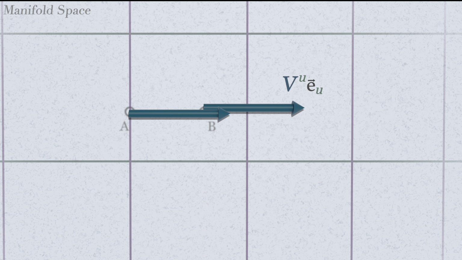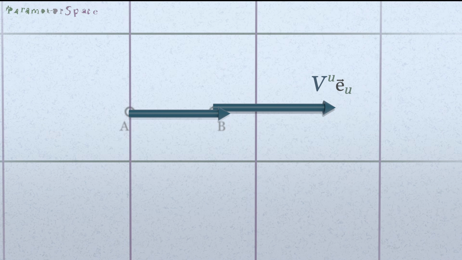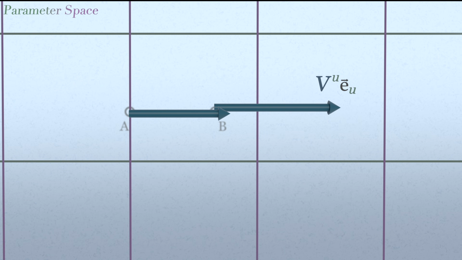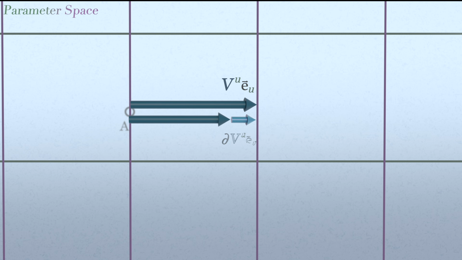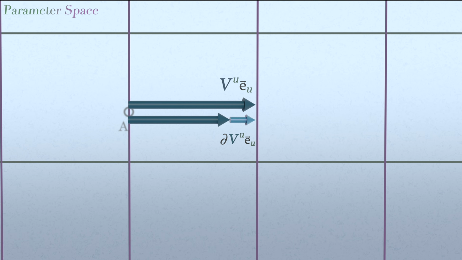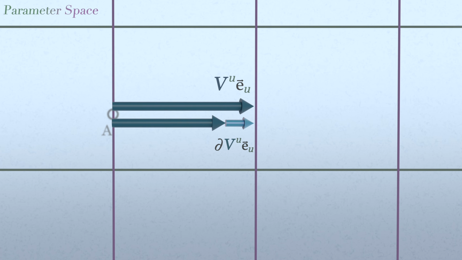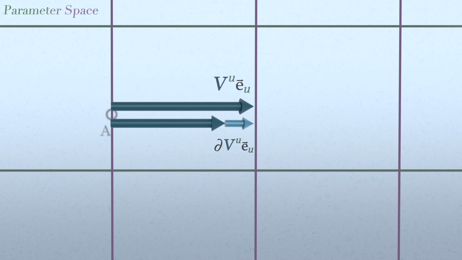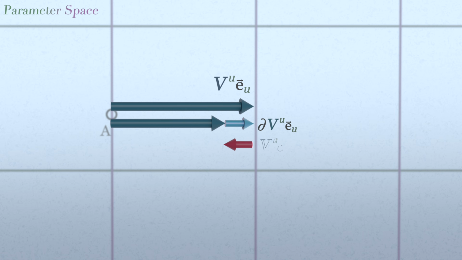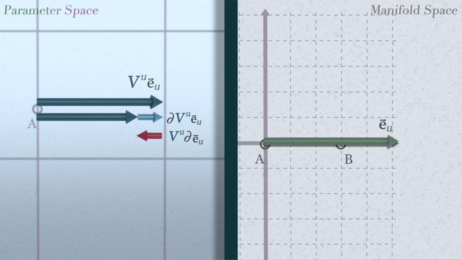Then in this case, from the coordinative view, the vector v appears to have grown by an amount equal to dv^u. But the covariance implies that, with respect to the manifold picture, this change is being offset by a second term, v^u de_u, where de_u is the change of the e_u basis vector with respect to the manifold.